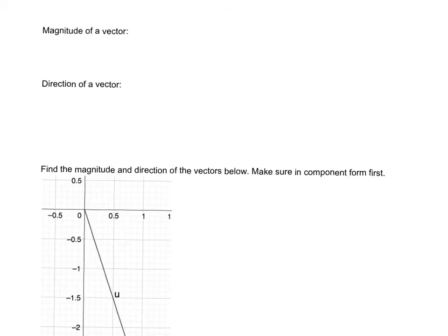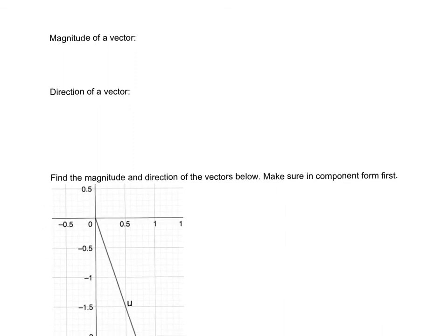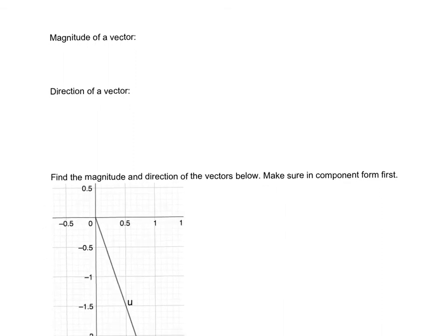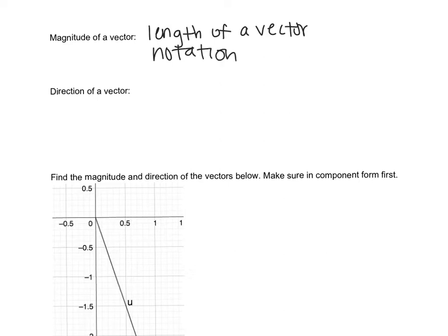Next, we want to talk about how to find the magnitude of a vector. So as I've already stated, the magnitude of a vector is known as the length of a vector. The notation is double brackets around your vector.